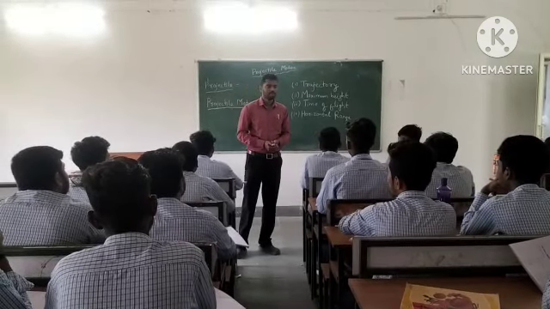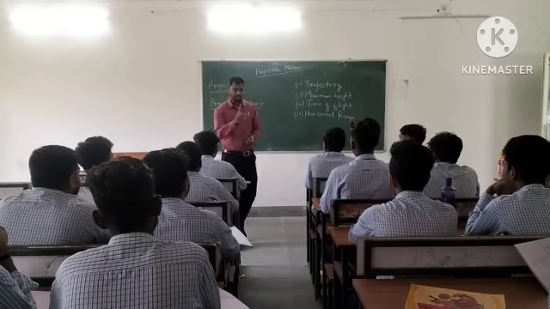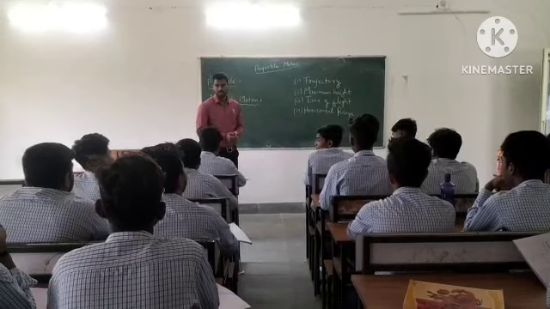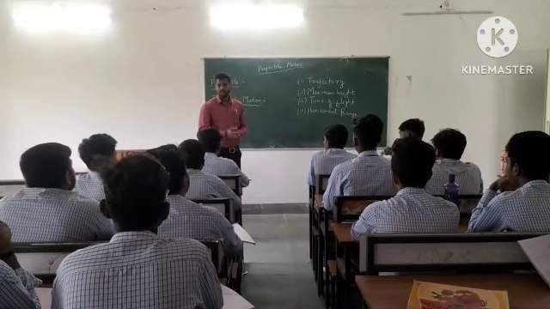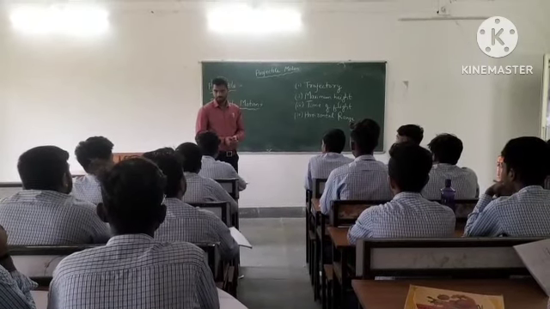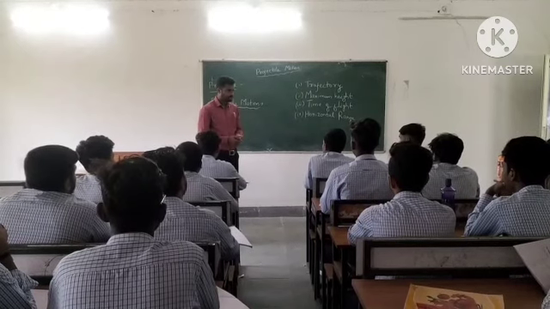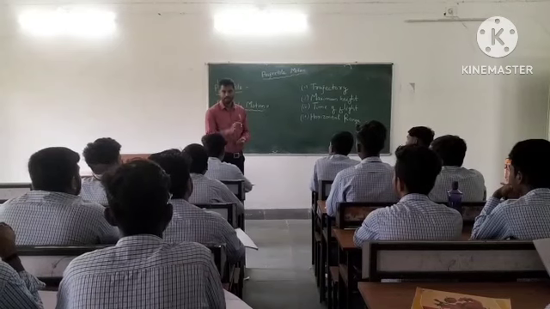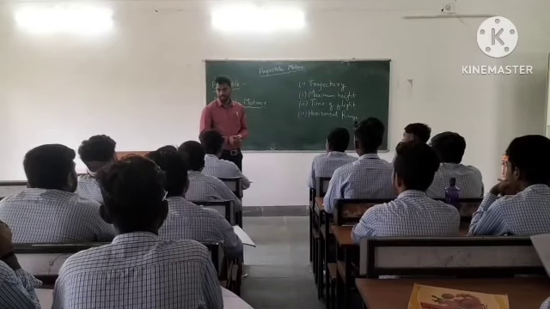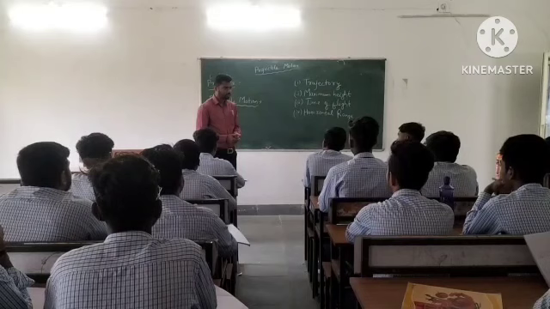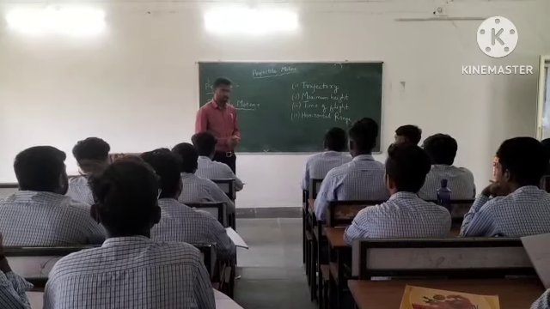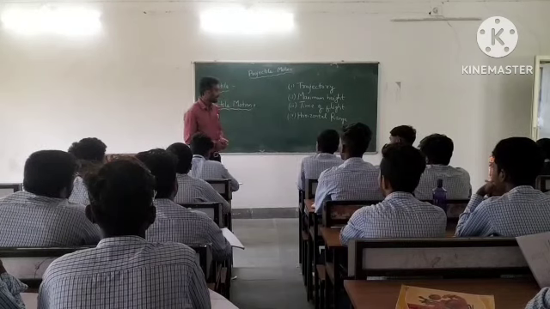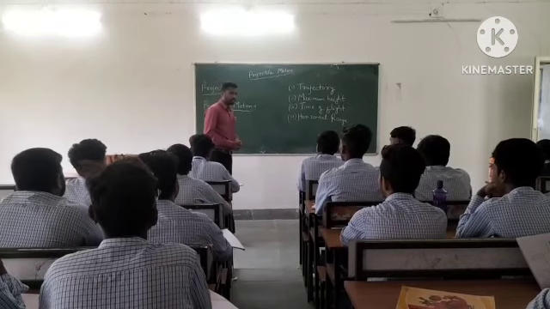So these kinds of objects are thrown into free space by applying an initial thrust or force, and no further control or external force is applied other than gravity. Only gravity is the force applied on the body. It is free to move under gravity. No more external control is there. So these types of objects are known as projectiles.